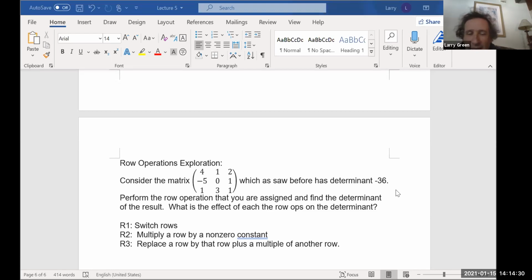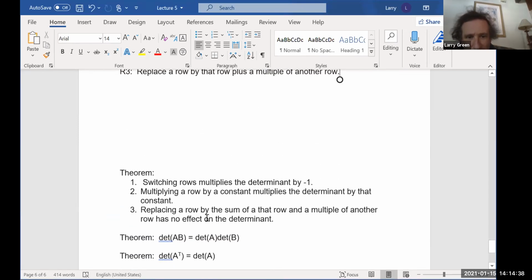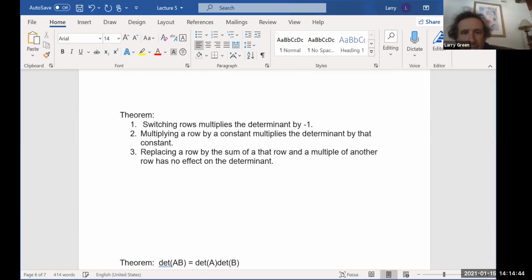Okay, so I am going to now state the big theorem. And this is a really important one. And it says the following. So it's 3 parts. And you might guess why there's 3 parts, because there's 3 row ops.